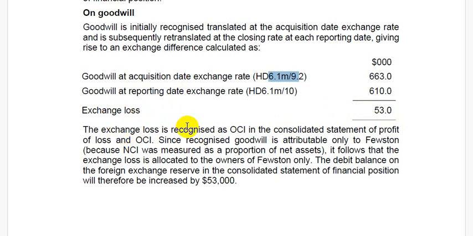Exchange losses: the exchange loss is recognized as OCI in the consolidated statement of profit or loss and OCI.